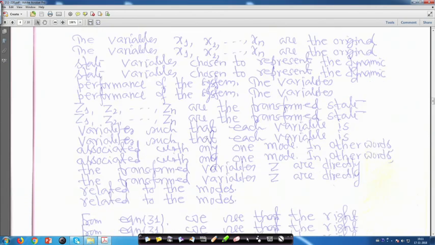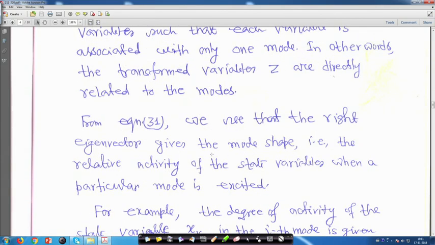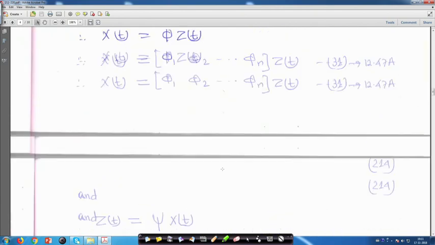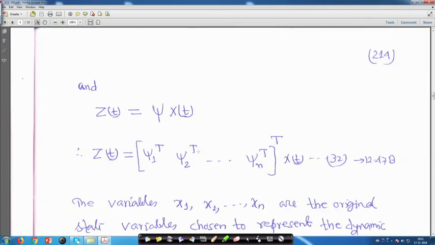In other words, the transform variables z are directly related to the modes, right. From equation 31, we see that the right eigenvector gives the mode shape, that is the relative activity of the state variables, right. That is from equation 31. That means, from this equation, phi is actually the right eigenvector, right.